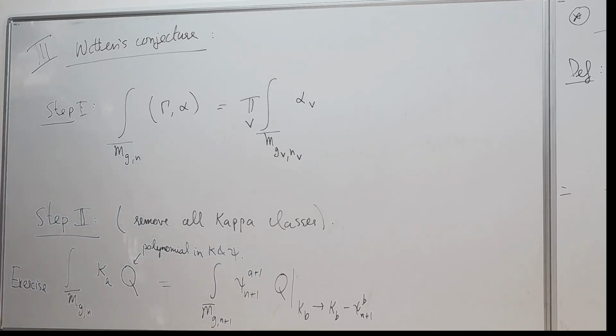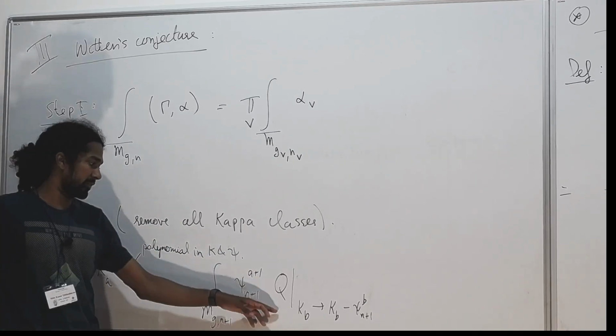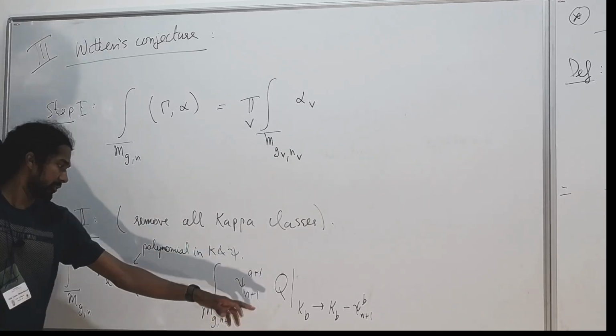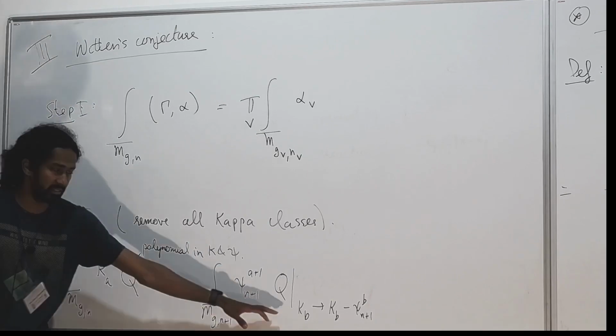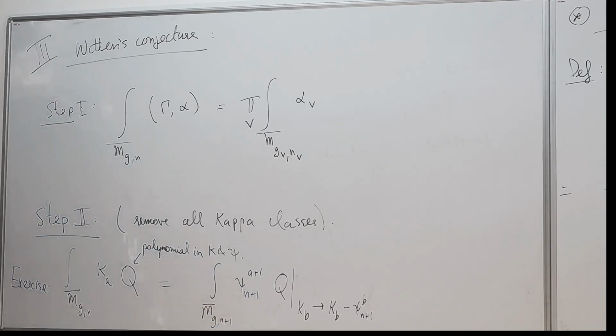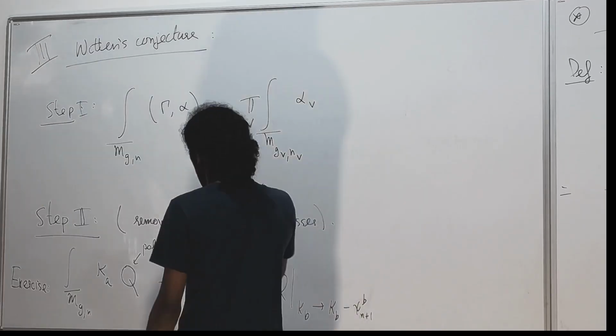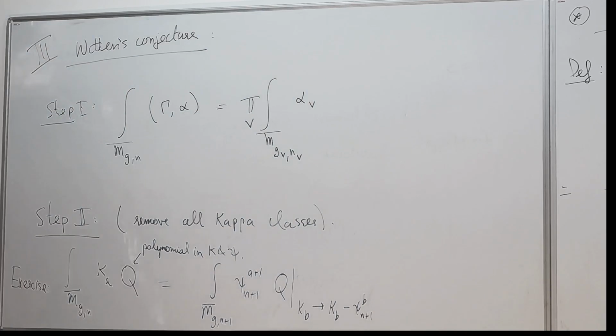Then there's just a little bit of work to show that the pullback of Q is equivalent to doing this kind of thing. This is not very hard. The first step was almost trivial, and the second step is not very hard.